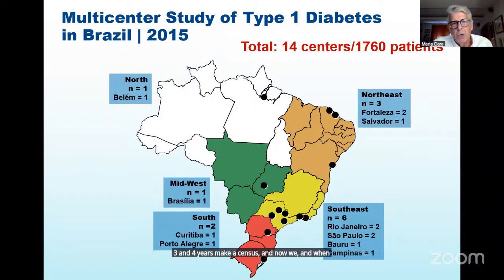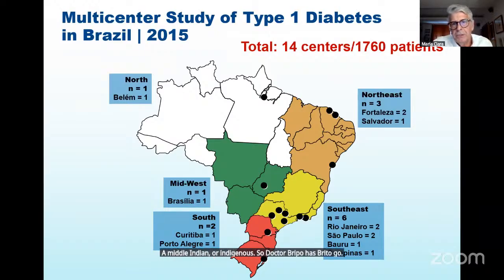When we have to declare ourselves, it's a self-declaration of whether we are black, white, pardo, that is admixed, or from the Orient, or Amerindian or indigenous. So Dr.